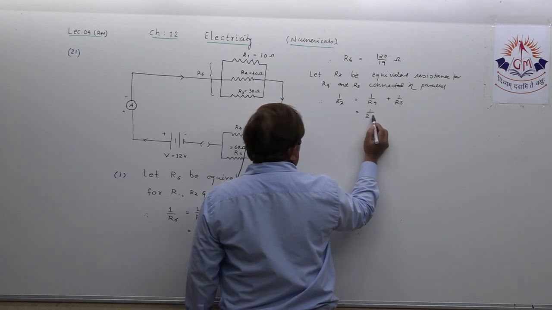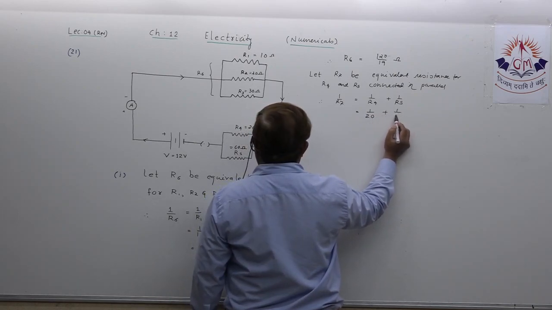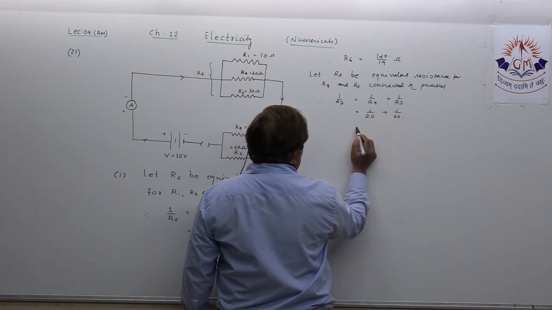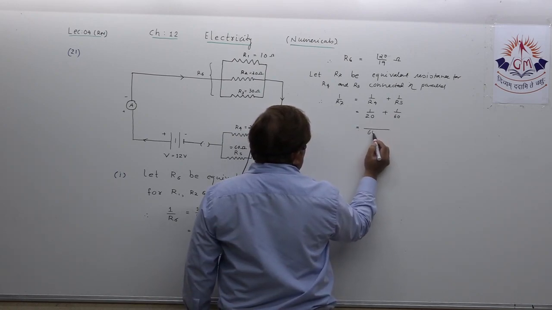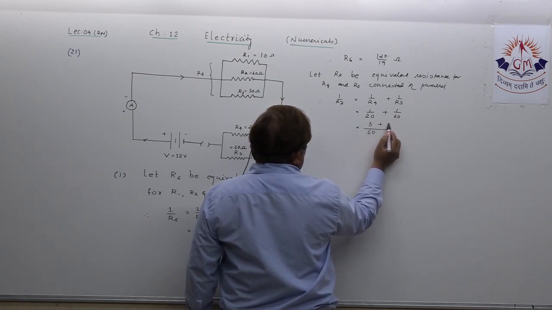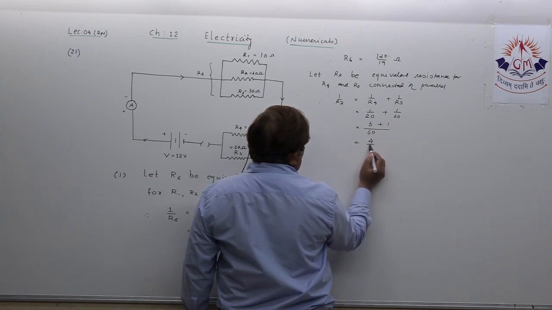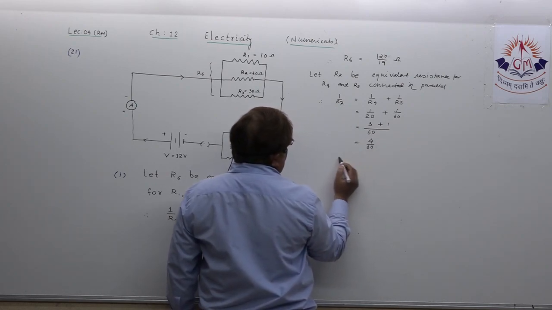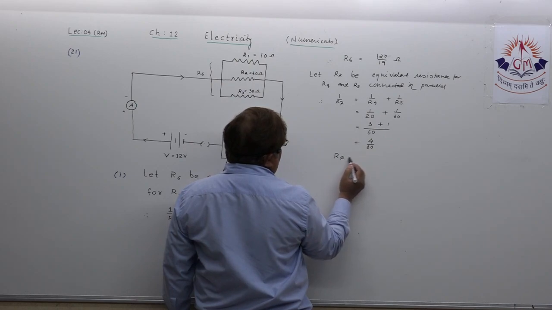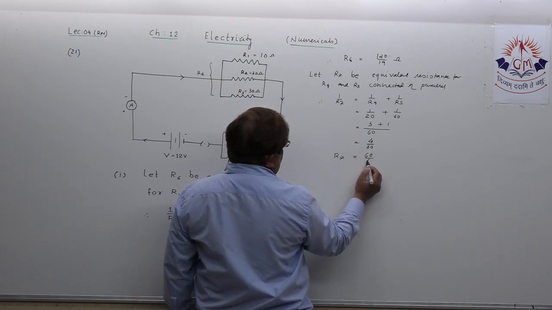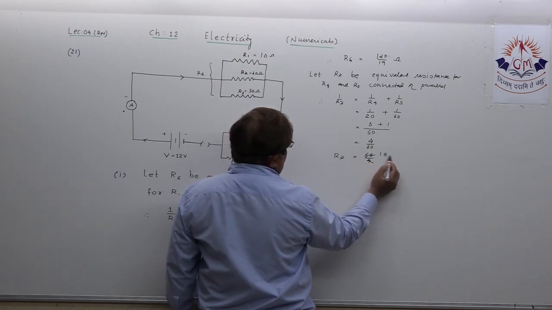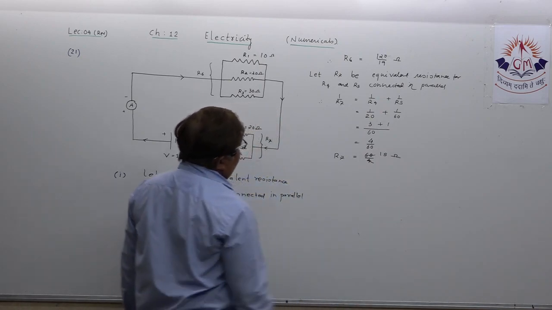R4 that is 20, R5 that is 60. Just take the LCM. So 3 plus 1, 4 upon 60. So R7 will be 60 upon 4, that is 15 ohm.